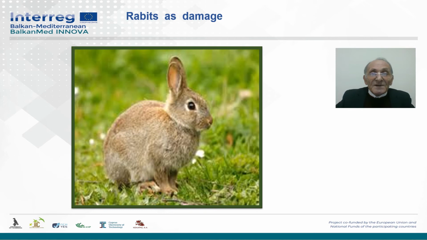Rabbits are a little bit difficult to control because we see them as part of the agroecosystem, and we need to take great care to avoid hunting without criterion. But some control measures are needed in order to reduce the damage from the rabbits.